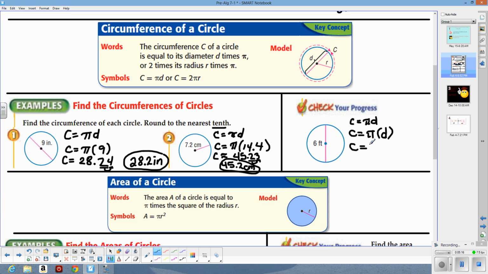So pi times 6, and that works out to be about 18.84. And there's more numbers after that, but to round to the nearest tenth, I'm going to just look right here. This is a 4, so we're going to round down to 18 and 8 tenths, 18 and 8 tenths of a foot.